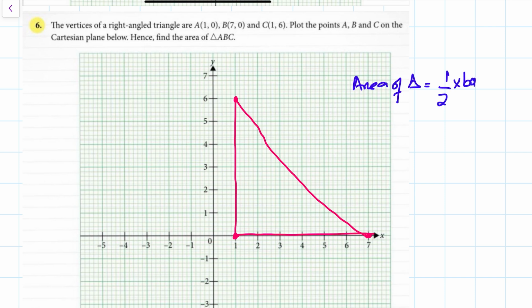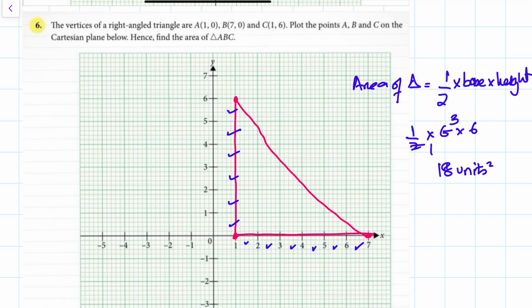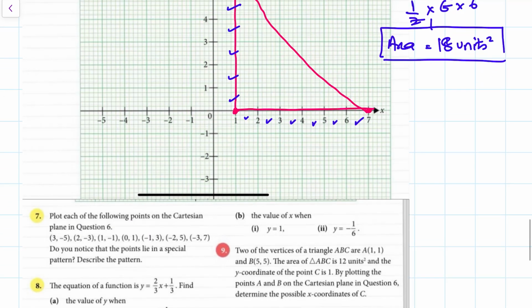Half into base into height. What is the base? 1, 2, 3, 4, 5, 6 units. What is the height? 1, 2, 3, 4, 5, 6 units. So the area is 18 units squared.